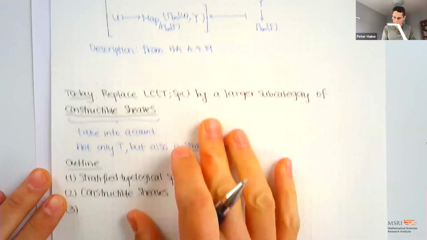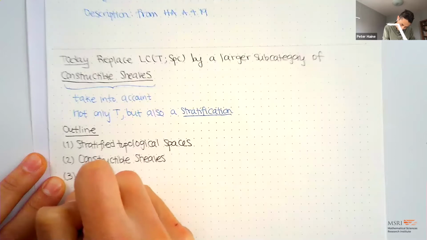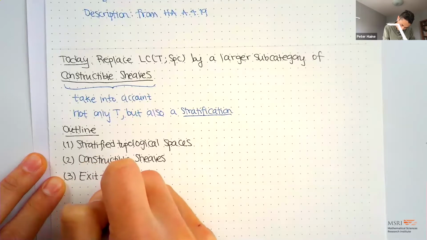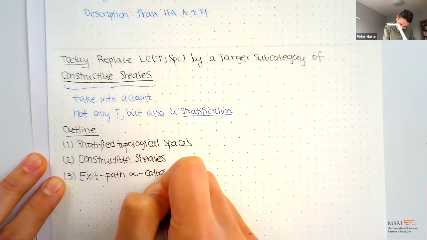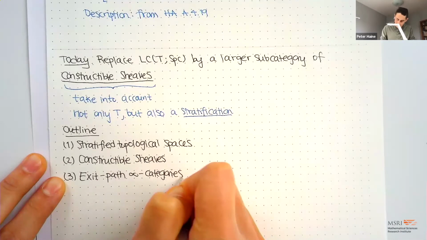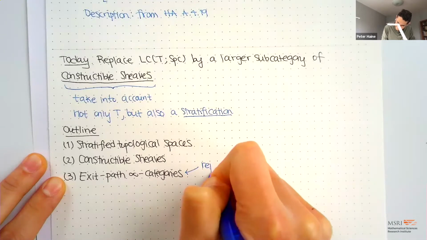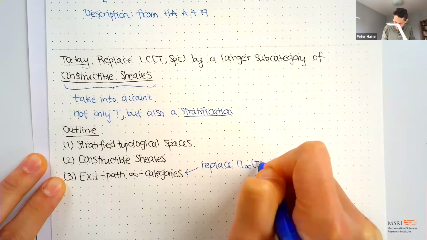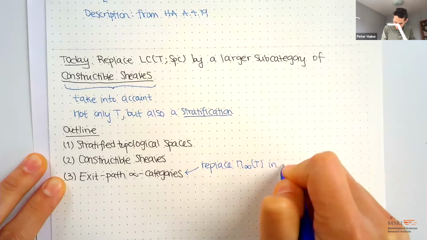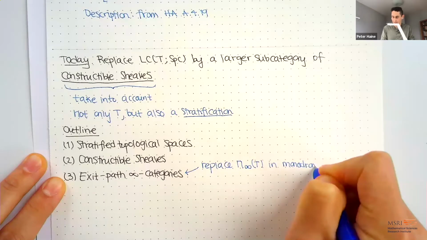So we'll need that replacement: what are called exit path infinity categories. These replace this underlying homotopy type in the monodromy story.